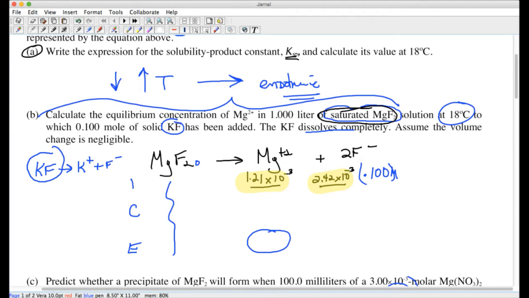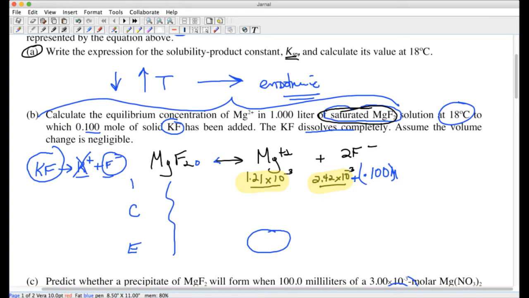KF breaks apart to K plus and F negative. Now K plus isn't involved anywhere in this equilibrium, so we're not going to use it, but F is. So essentially, adding a 0.1 mole of KF, we're adding a 0.1 molar solution because it's moles over liter, and I have to add that.